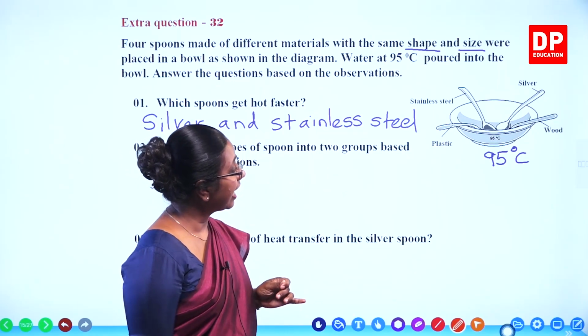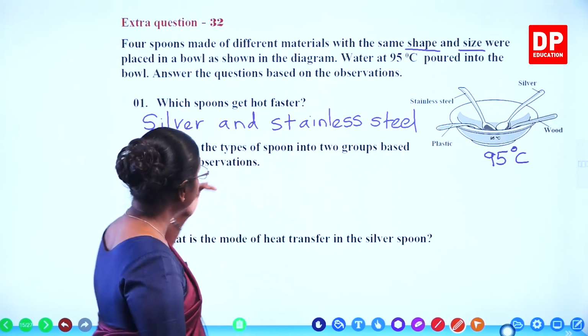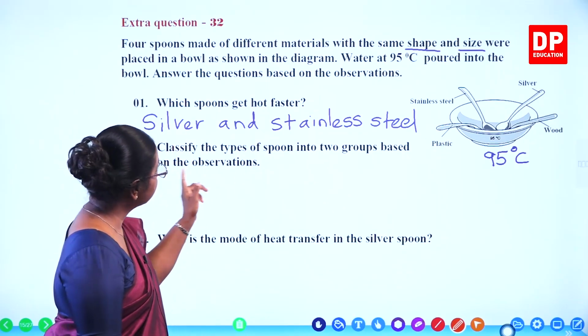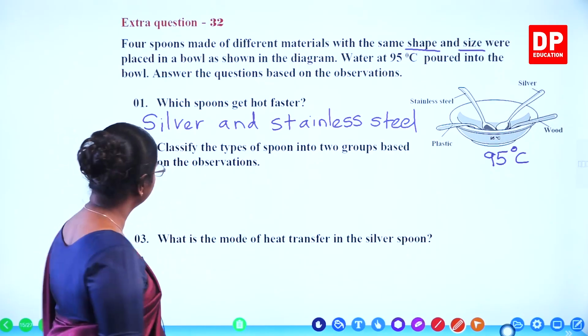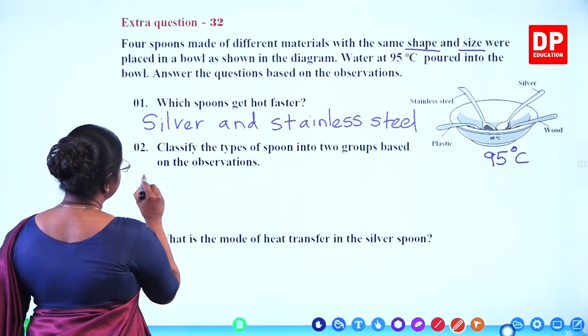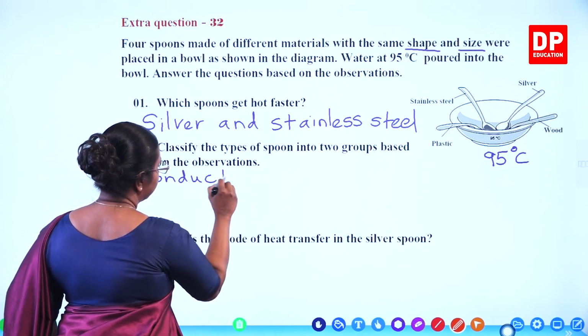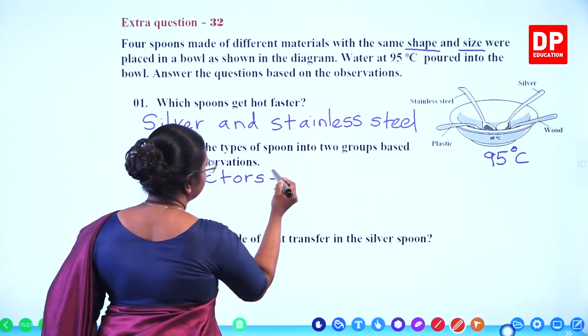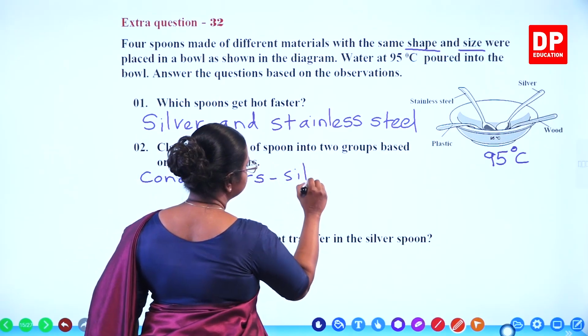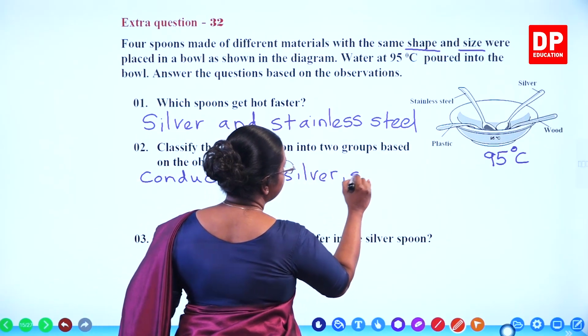So, that is why they are insulators. So, that is the two groups, or that is how we classify them into two groups. So, here we can say conductors, silver and stainless steel.